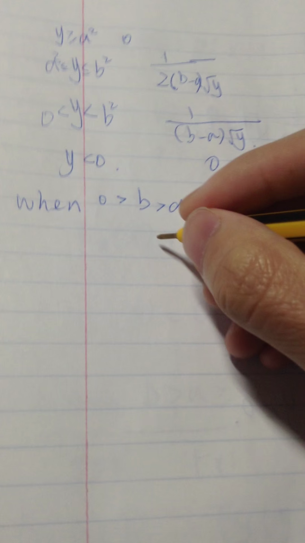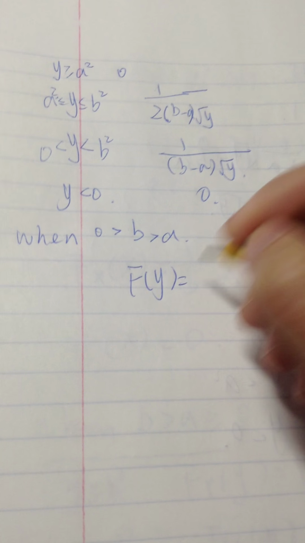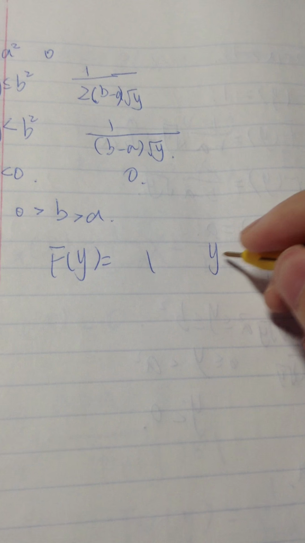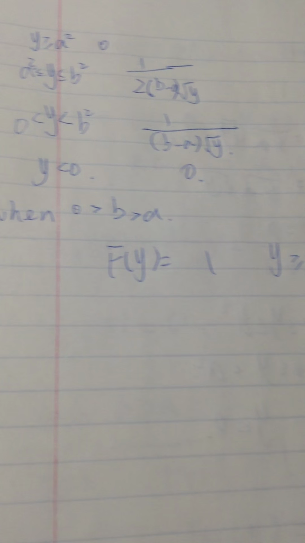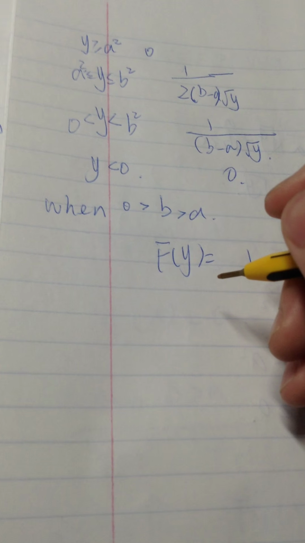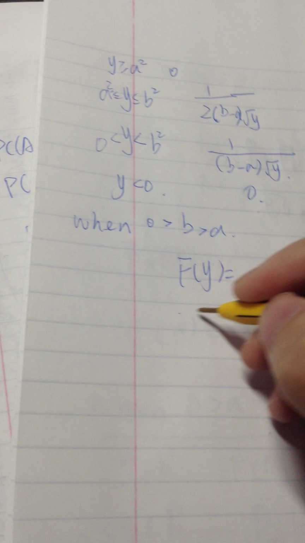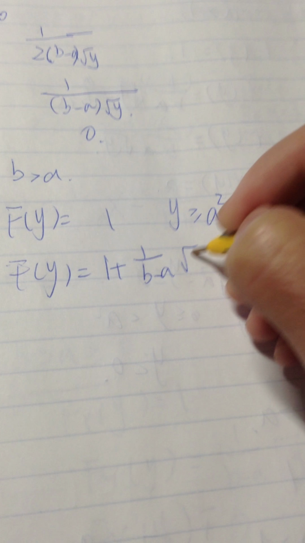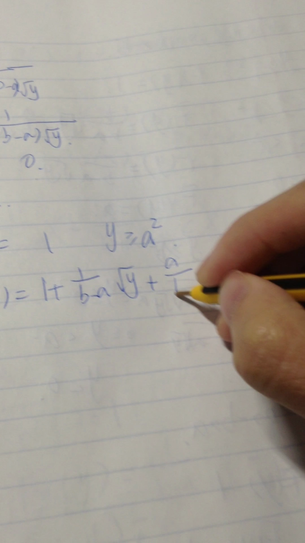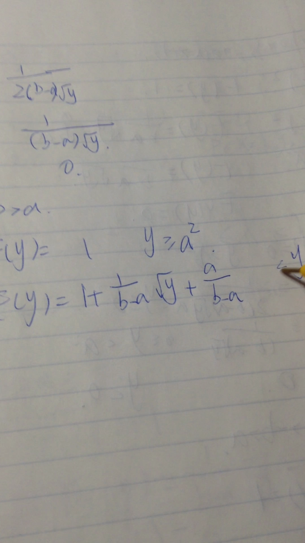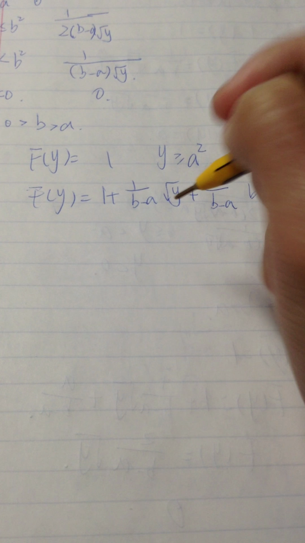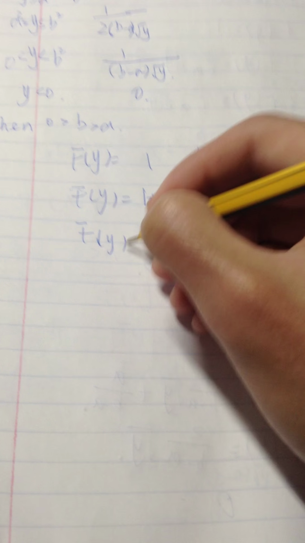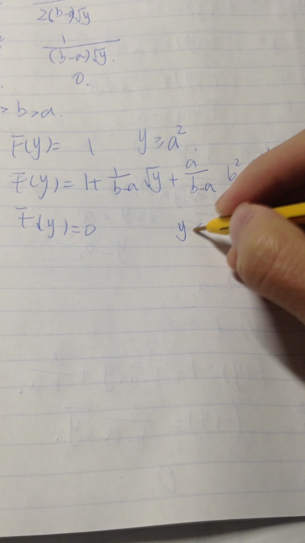Fy equals 1 when y is bigger than a squared, and fy equals 1 plus 1, this, when y is between b squared and a squared, and fy equals 0 when y is smaller than b squared.